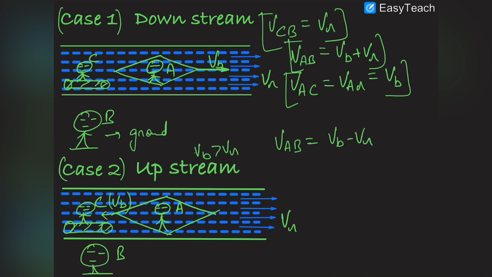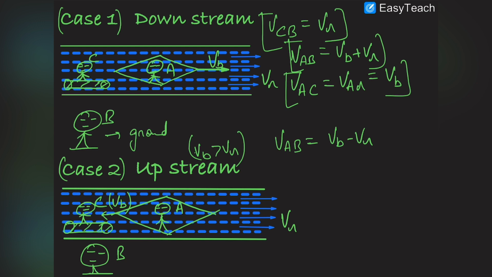For example, if in still water a boat can move at 20 meters per second at full throttle, and the river is flowing at 10 meters per second, and the boat is moving opposite to the river flow, which is called upstream, then the net velocity of the boat with respect to ground would be 20 minus 10, which is 10.